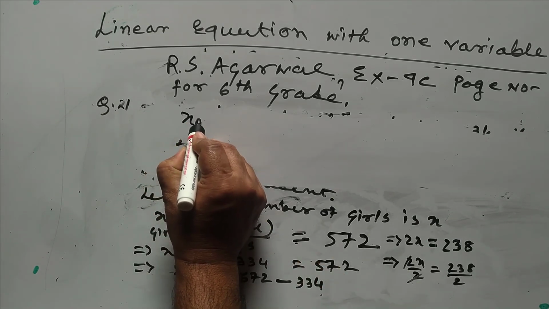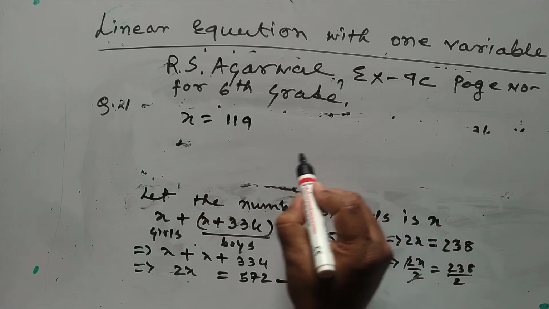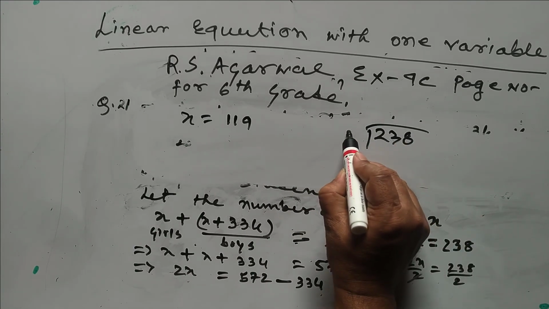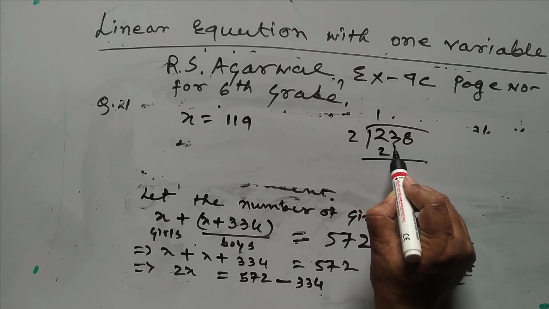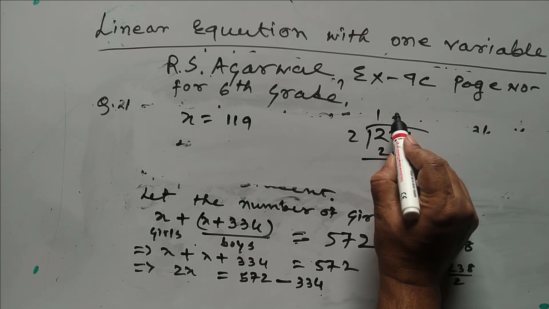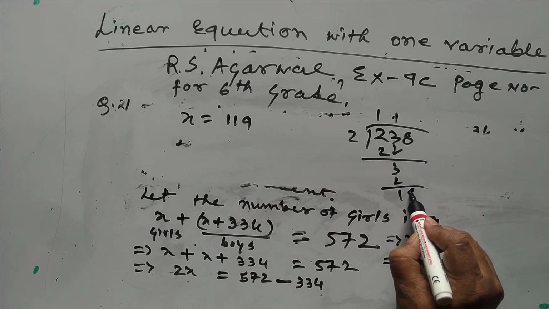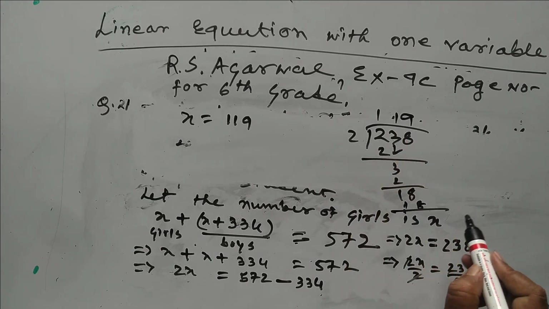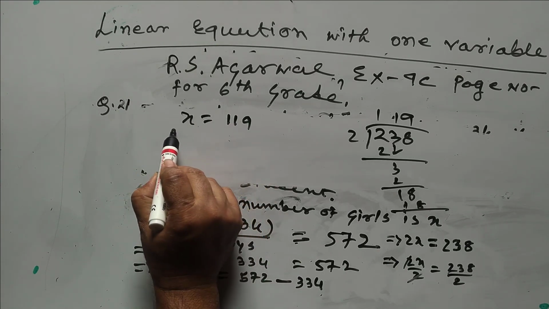So x equals 119. If we divide 238 by 2, then 2 ones are 2, 3, 2 ones are 2, then 1, 8, 2 nines are 18. So x equals 119. So this is the number of girl students.